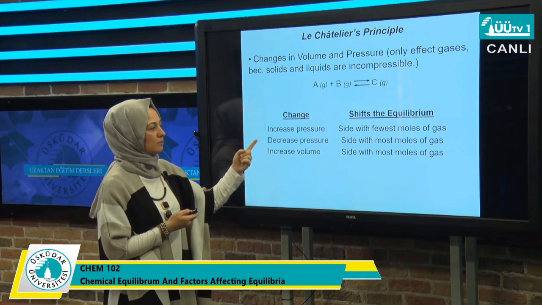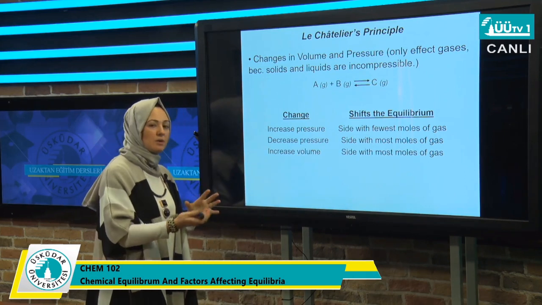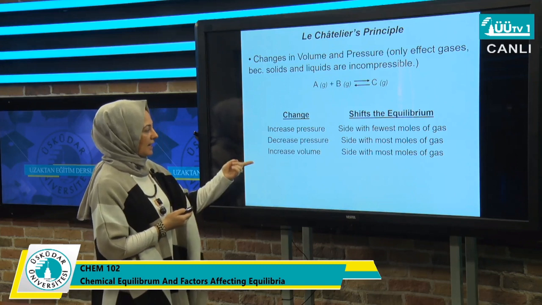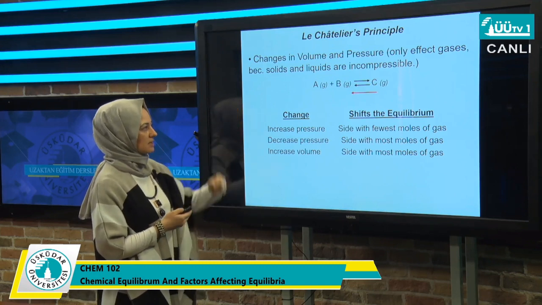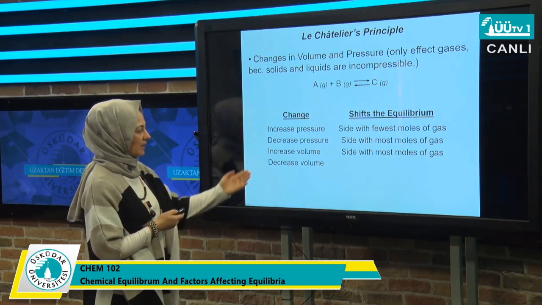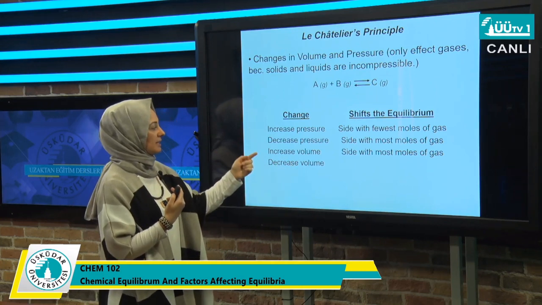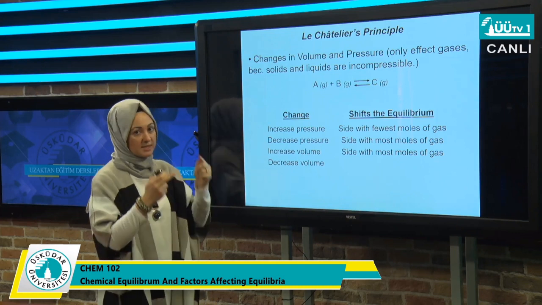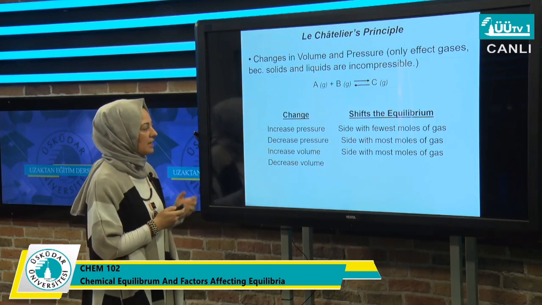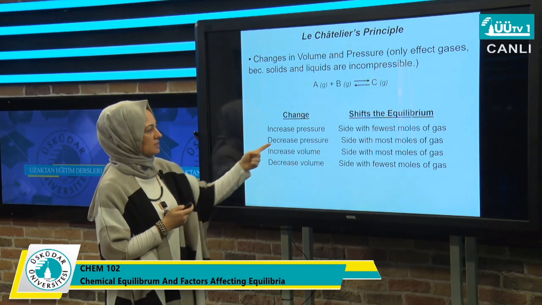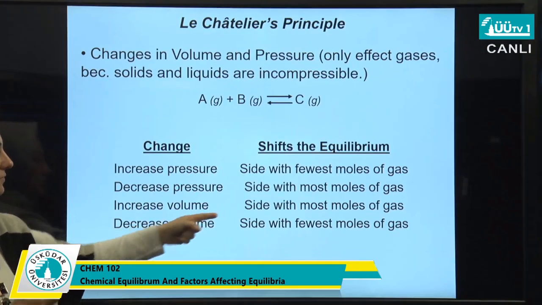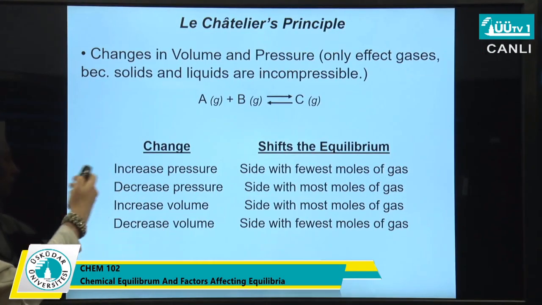Increasing the volume will shift to the side where there are more moles of gas, and in this case that is the left-hand side. And decreasing the volume has the same effect as increasing pressure, because we said that they are inversely proportional. It will shift the equilibrium to the side with the fewest moles of gas.